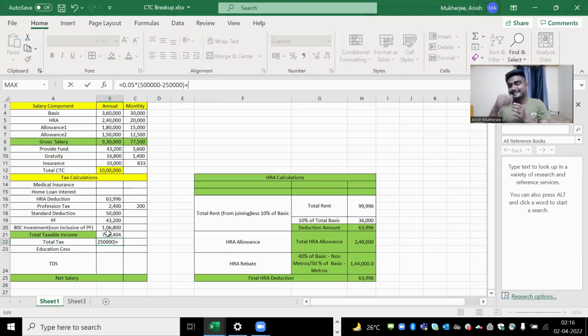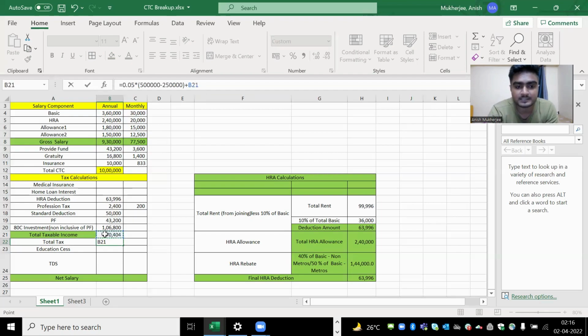whatever is the amount that is exceeding 5 lakhs, you need to pay till 10 lakhs. In the old tax regime, you need to pay a 20% tax on the amount that is exceeding 5 lakhs. So 7 lakh is my total taxable income that we calculated, right? That you can see over here.